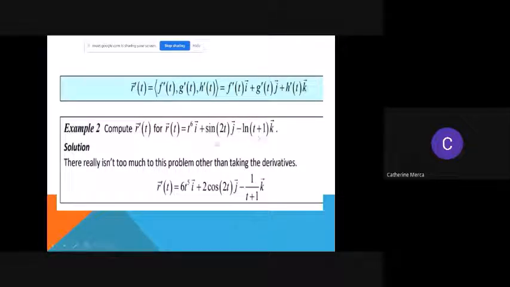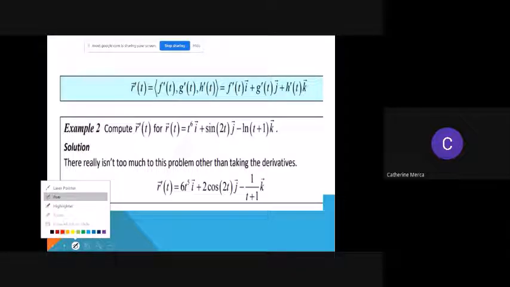So you should memorize the derivatives. What is the derivative of t to the 6th? Because it says the derivative is taken component per component. Can you remember? What is the formula for our derivative? Power rule. Yes, power rule. Correct. How is that done? You remember?